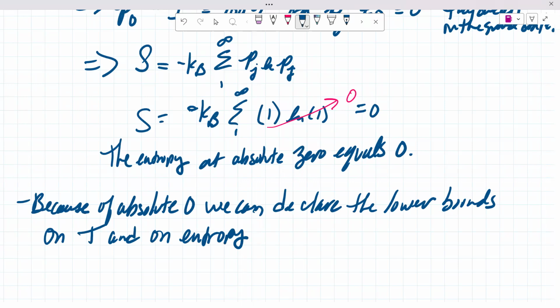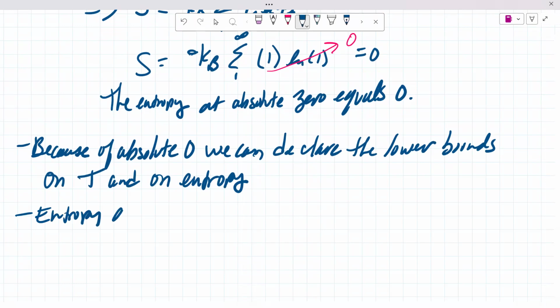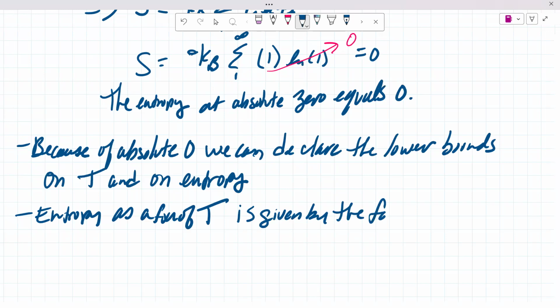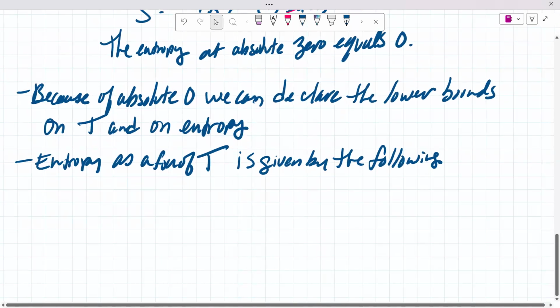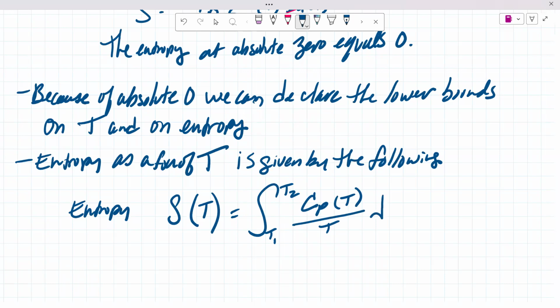So entropy as a function of T is given by the following. S of T equals the integral from T1 up to T2 of C_P of T over T dT.